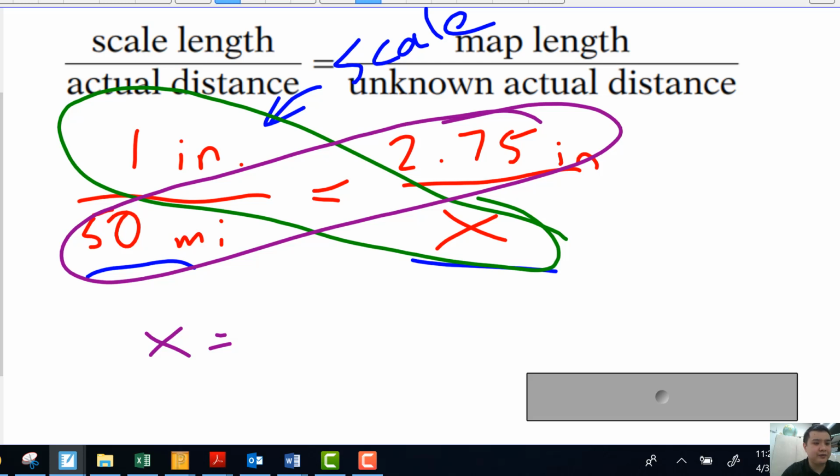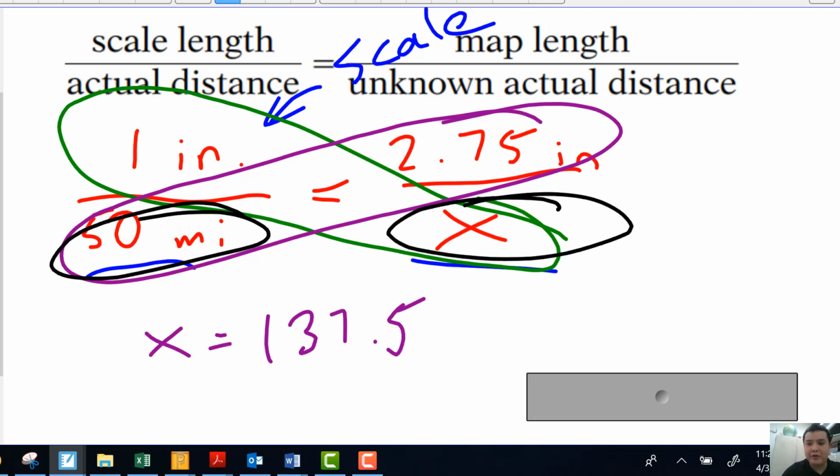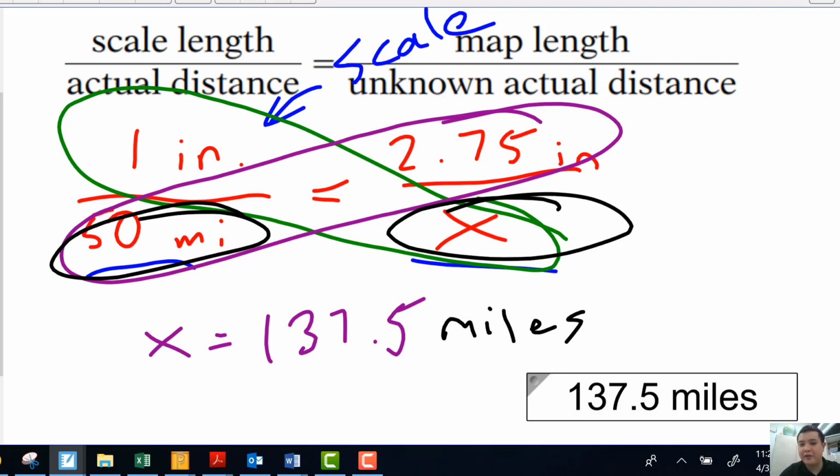That is 137.5. And because miles was on the bottom in the first ratio, it's also going to be the unit for x as well. So it's going to be miles. 2.75 inches on the map represents 137.5 miles.